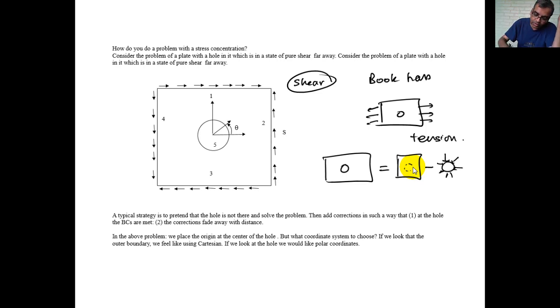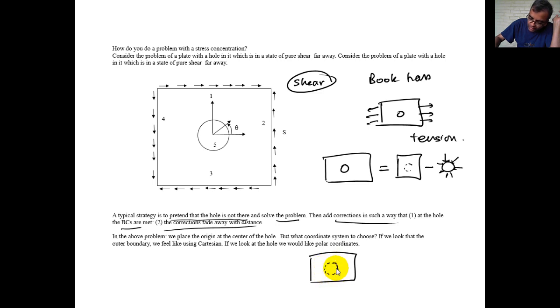Okay, so what we are going to do is pretend that the hole is not there and solve the problem. Then add the corrections in a way that the whole boundary conditions are met and the corrections fade away with distance. That's how we are going to do. So two conditions have to be met. First thing is solve it as if there is no hole.